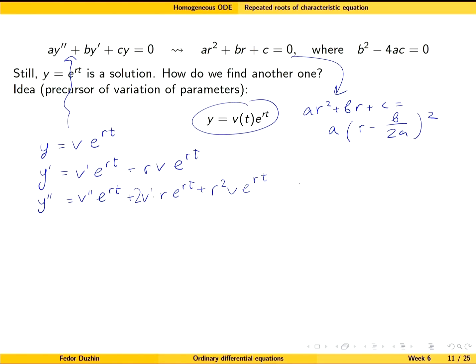Okay, so now when we substitute into the differential equation, the term y double prime should be multiplied by a, y prime should be multiplied by b, and y multiplied by c. So let us do it.